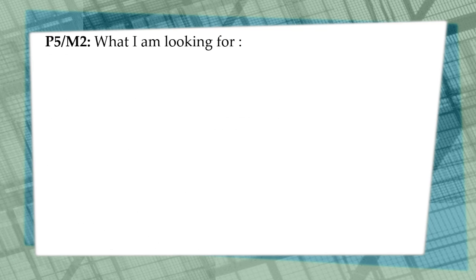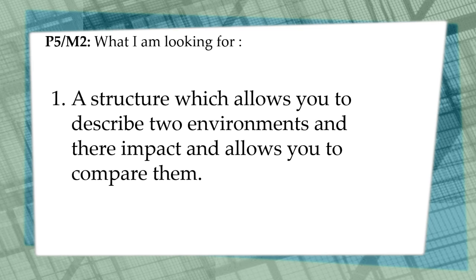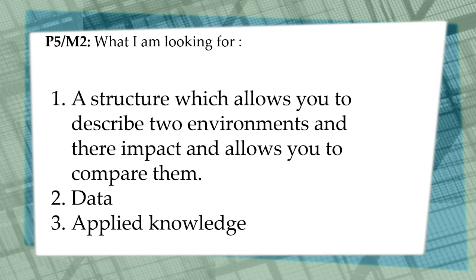So P5 M2, what I'm looking for, a structure which allows you to describe the two environments and be able to compare them, data, and also for you to be able to apply that knowledge to the case study. This is a structure I would suggest you use for both P5 and M2.